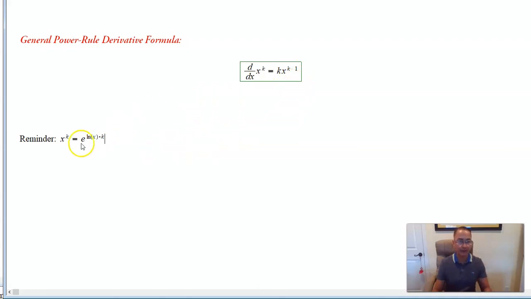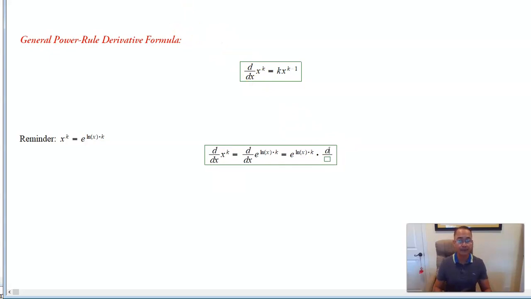Well, remember that this is the meaning of x to the k. So if you want the derivative of x to the k, we want the derivative of e to the ln of x times k. Okay, but we have e to the something, and we said that the derivative of e to the something is the same e to the something, but we need the chain rule.